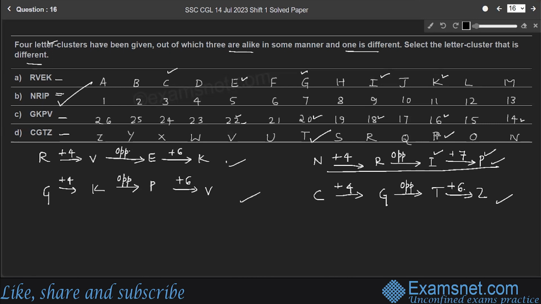In the remaining letter clusters, the logic is first letter plus 4 gives the second letter, its opposite letter gives the third letter, and the third letter plus 6 gives the fourth letter. Therefore, option B does not follow the same rule. Therefore, it is the odd one. Option B is the answer.